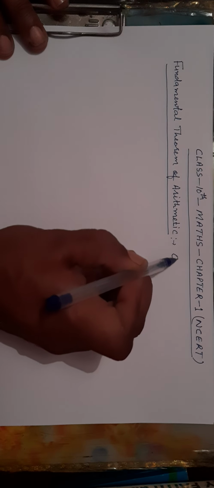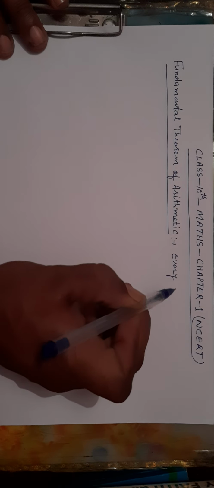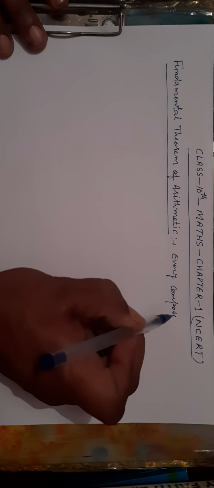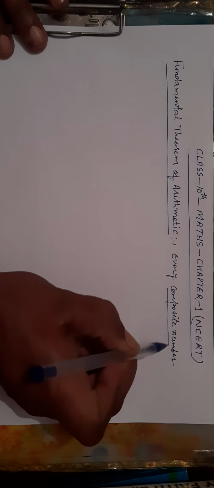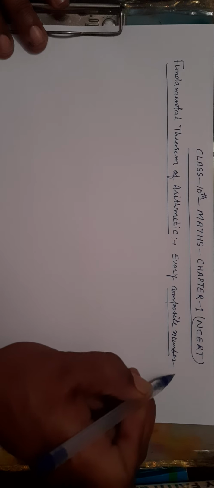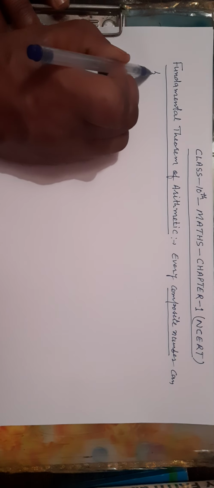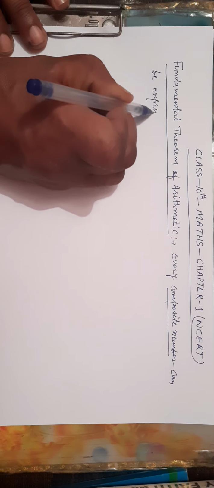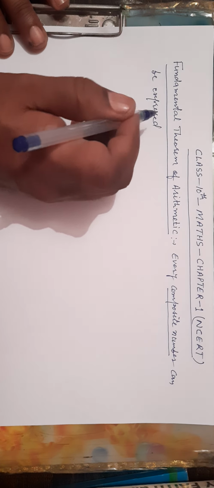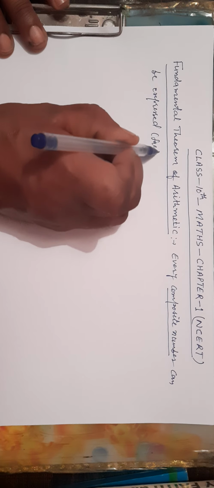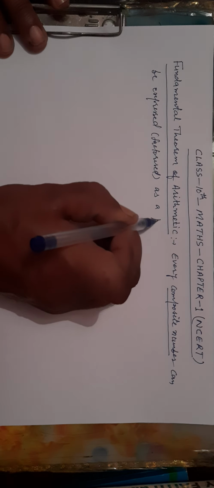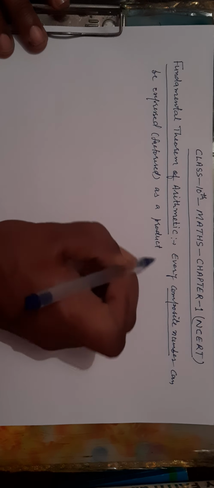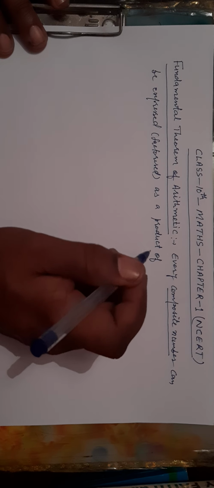The theorem states that every composite number, and the word composite is here, we have just studied composite numbers, every composite number can be expressed, or you can say factorized, as a product of primes.